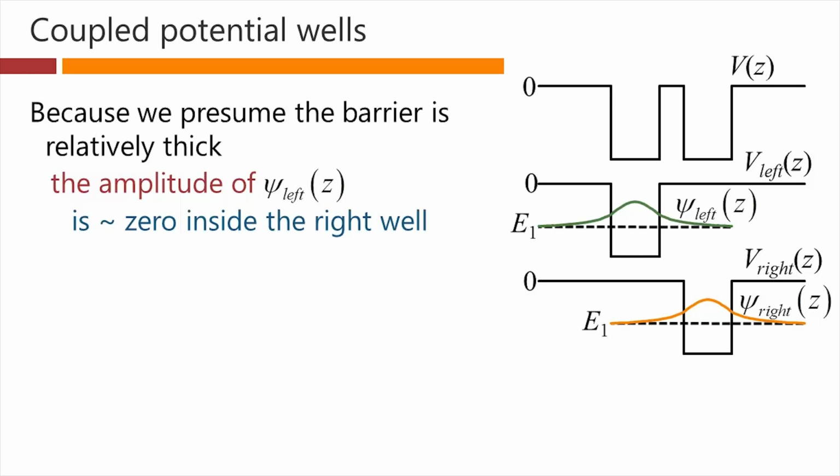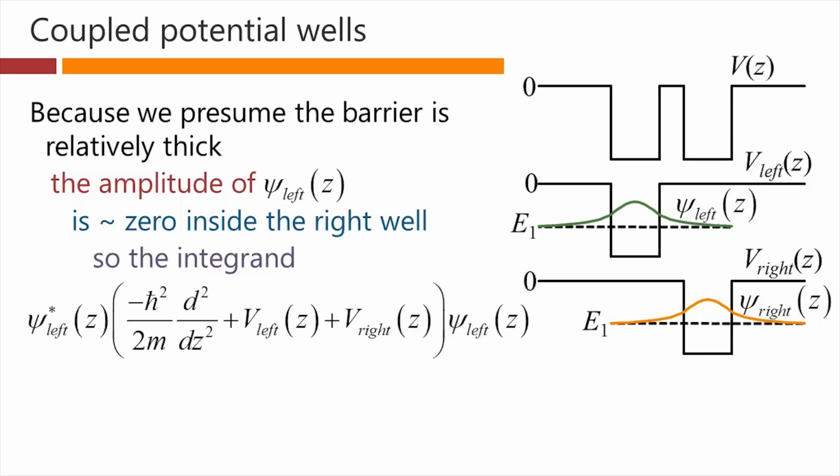We're saying this basis function is approximately 0 inside this well. So this integrand here, with psi left star on the left and psi left on the right as well, is approximately 0 inside the right well, because we're presuming that this wave function, psi left of z, is approximately 0 inside the right well.